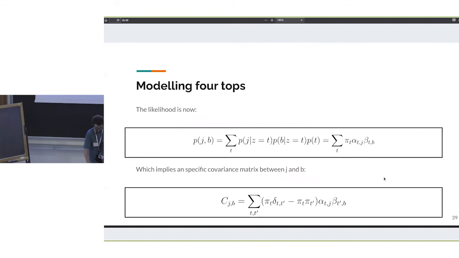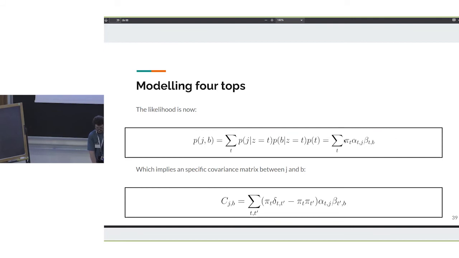So what we are doing now is writing the likelihood as a product over measurements. For a given measurement J, B, you marginalize over all class assignments. So you have the probability of having a certain class, the probability of measuring number of jets J given class T, and the probability of measuring number of B jets given class T. This is how we are writing the likelihood.